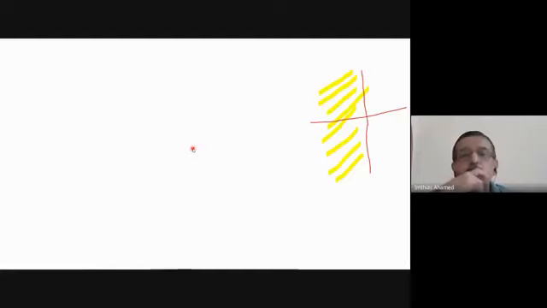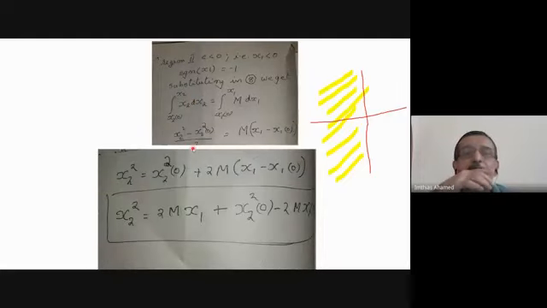Now let us look at region 2. For region 2, x1 is less than 0. What is sgn x1? sgn x1 is minus 1. And substituting in 8, we get integral x2 dx2 is equal to integral m dx1.